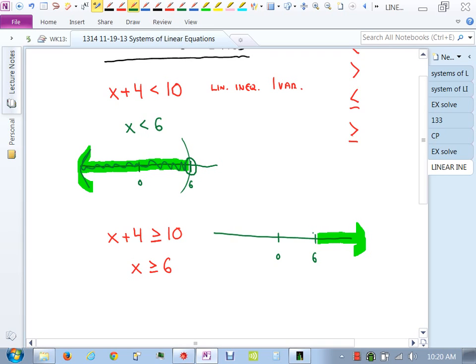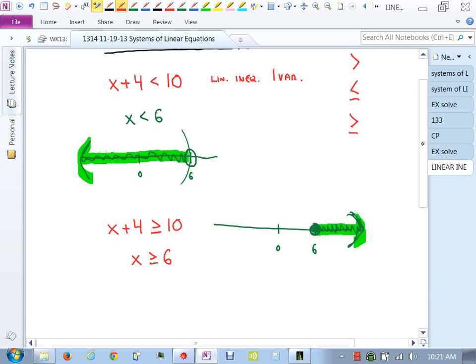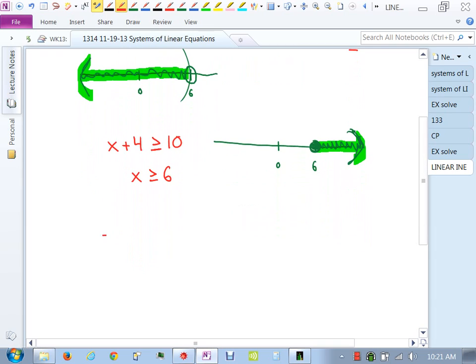So instead of putting an open circle there, I put a solid dot, and then everything out to the right of it. These are linear inequalities of 1 variable, things that you've seen hopefully in the past. Now I have to give you one more example because I want to make sure everyone remembers this one particular property of linear inequalities.